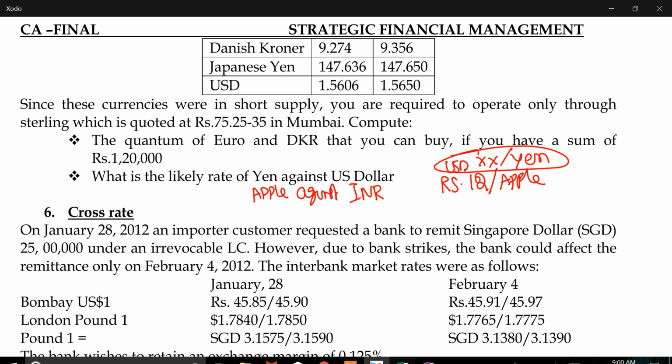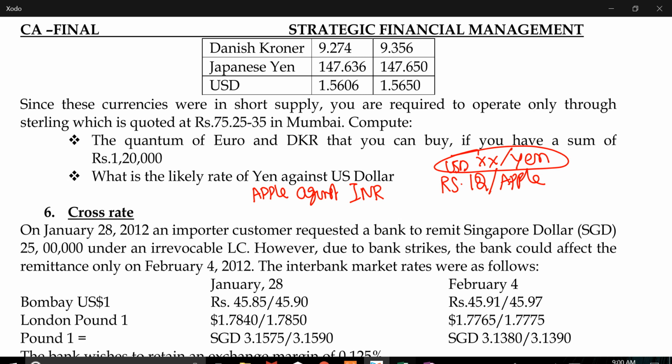Now write point number 1. The question wants us to calculate the likely rate of yen (in bracket, product) against US dollar.